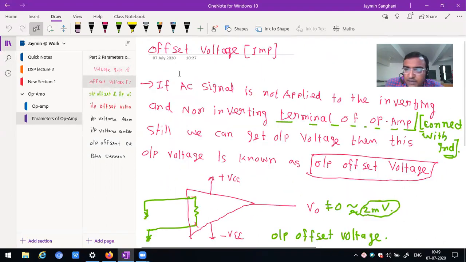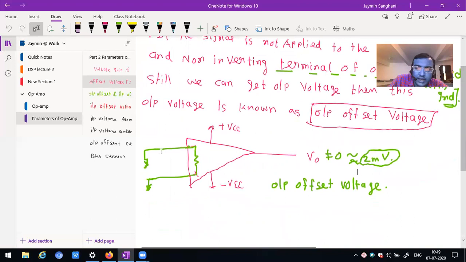Now, offset voltage. What does offset voltage mean? If no AC signal is applied to the inverting and non-inverting terminals of the op-amp, and both terminals are connected to ground, we can still get an output voltage. This output voltage is known as the offset voltage.